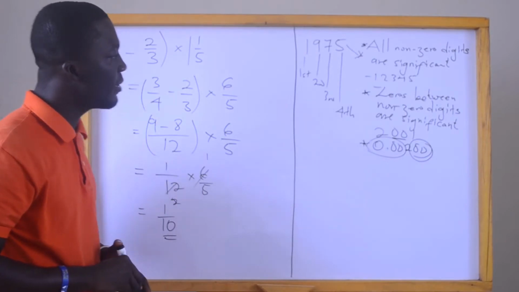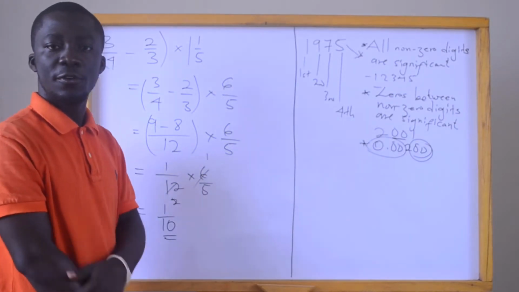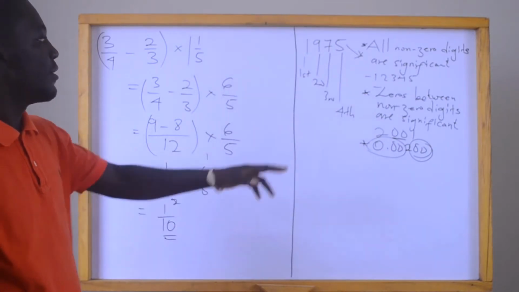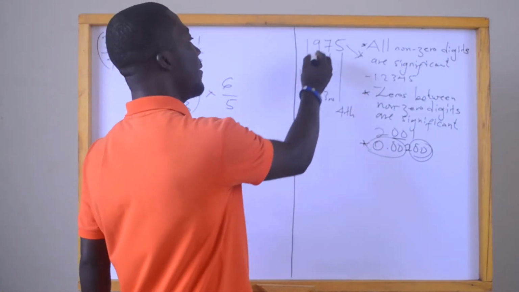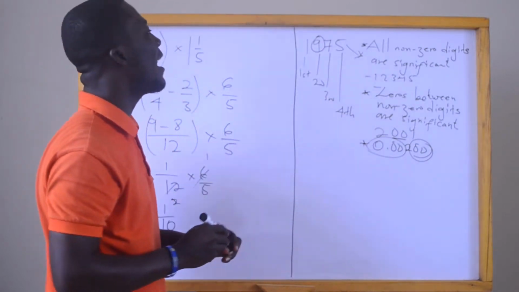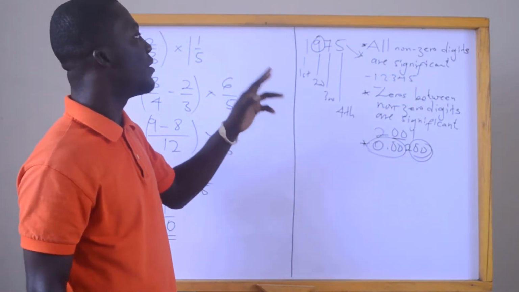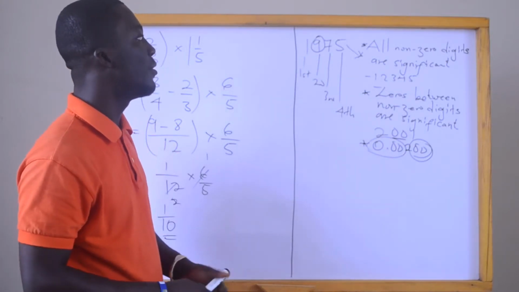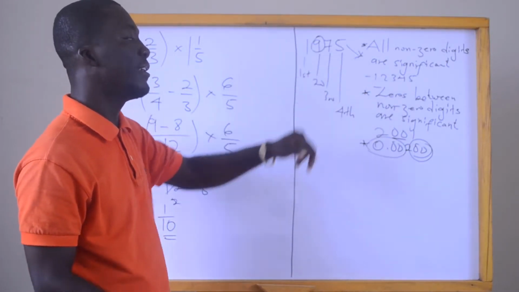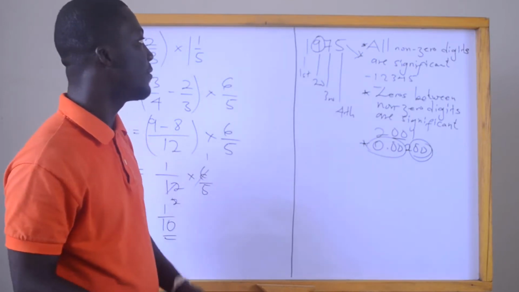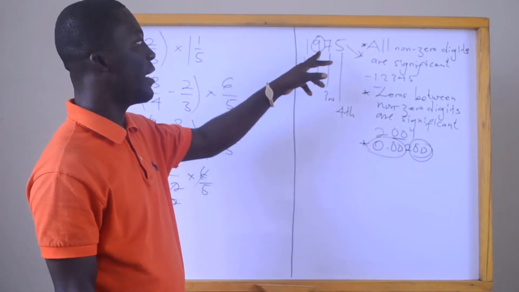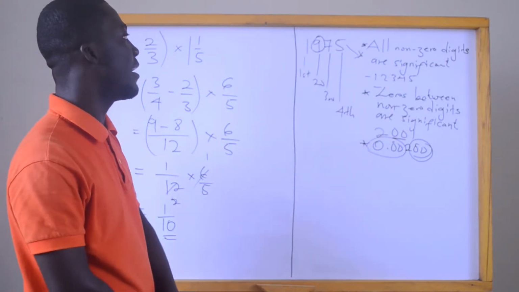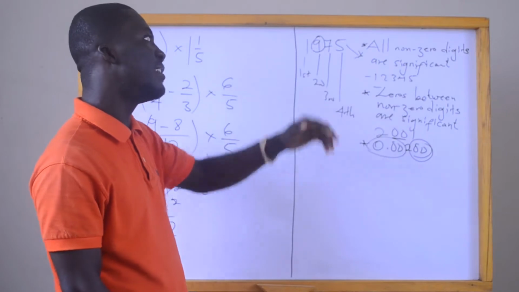Our question said we should correct 1975 to two significant figures. So our concentration will be here. Then we look at the next value to the right of the 9. If it is 5 or more, we add 1 to the 9. But if it is less than 5, we take it as 0 and leave the 9 alone. So we get something like 1900.